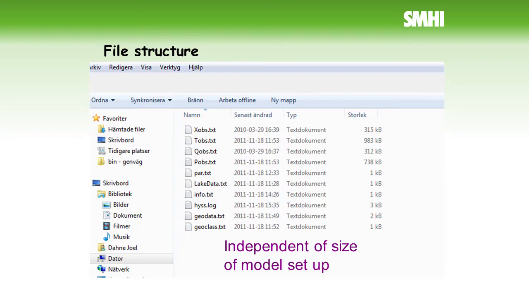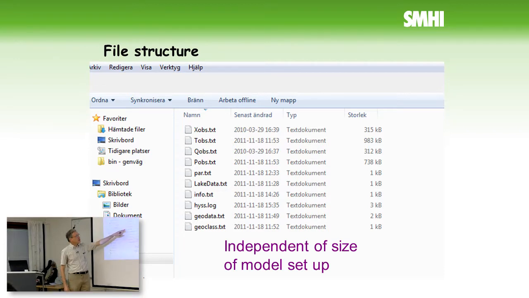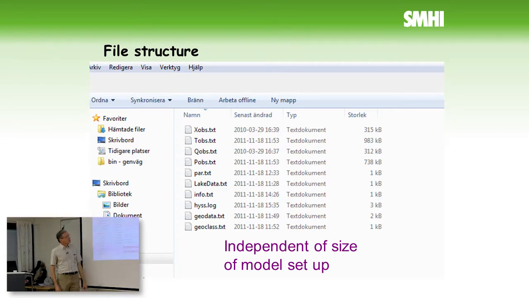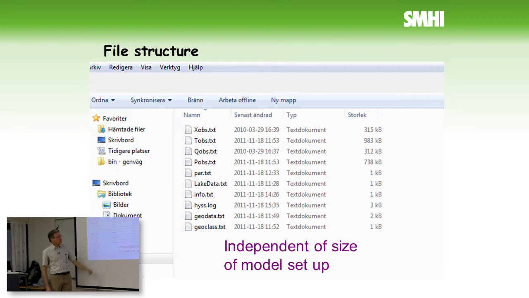It's a bit special because we use text files. And I've been very much in favor of sticking to text files because they are easy to manipulate and import in other systems, for instance Excel or other software. So these are all text files, and the information about each different character is specified within an individual file.